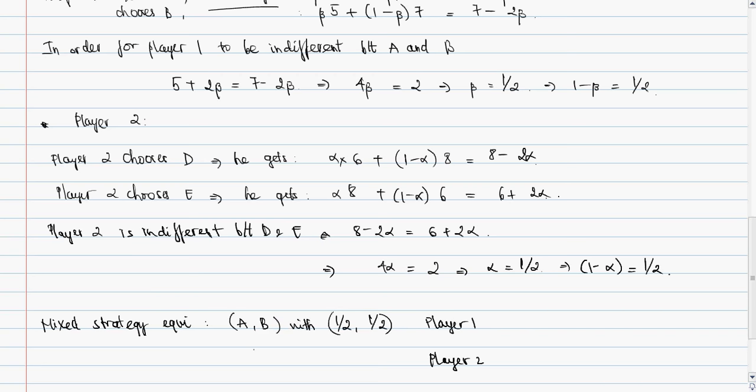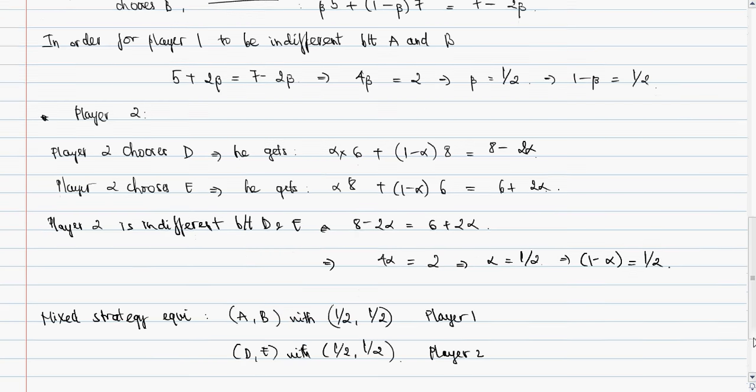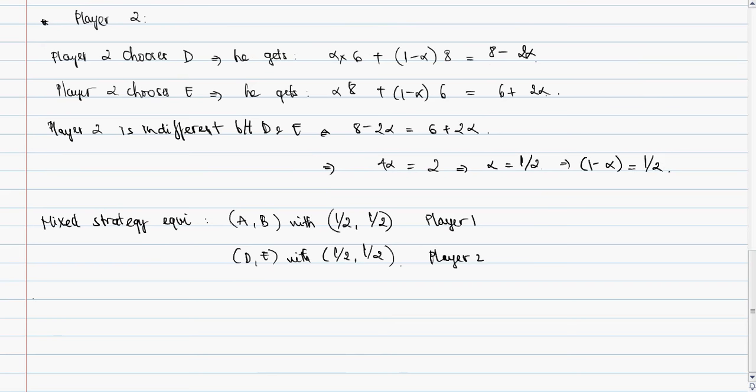And for player 2, he will be choosing D and E with the probability of half and half as well. So those are the mixed strategy Nash equilibria for both players.